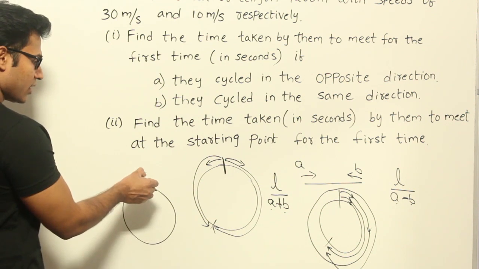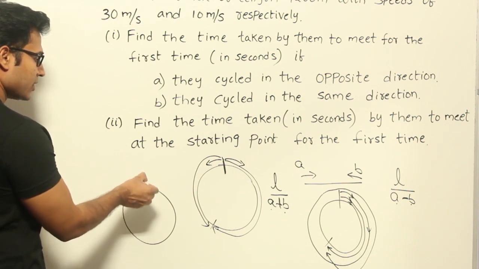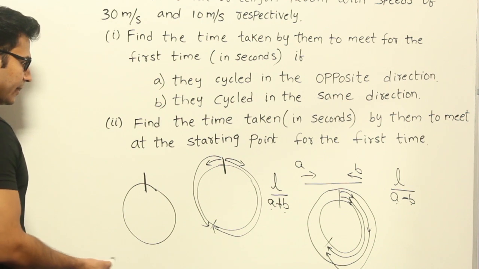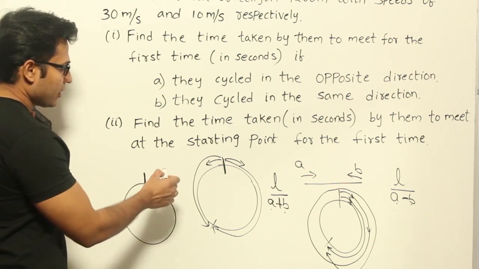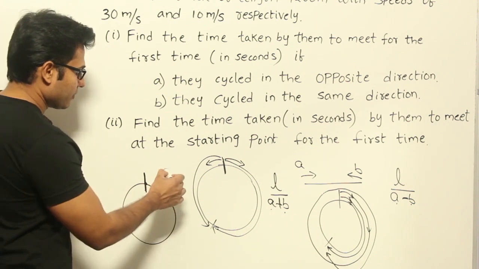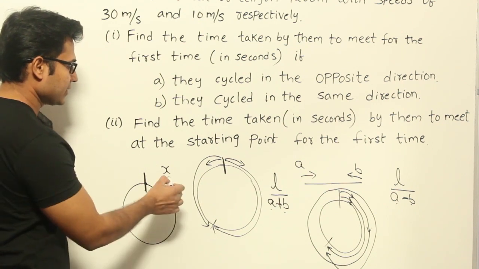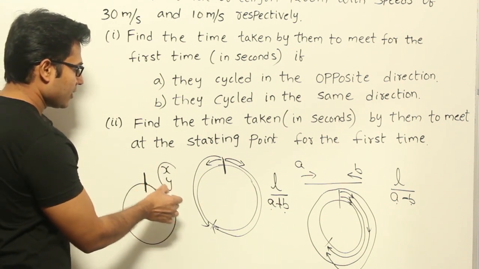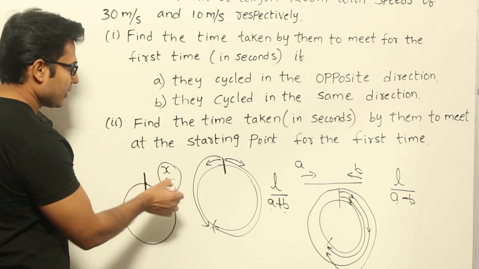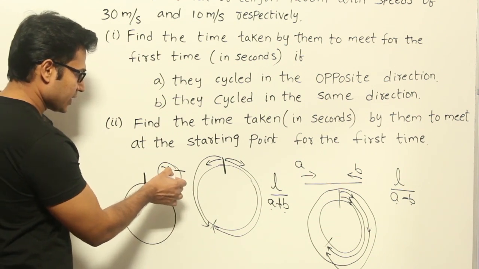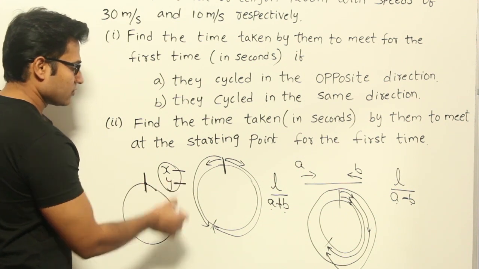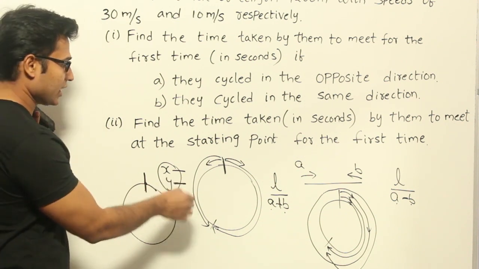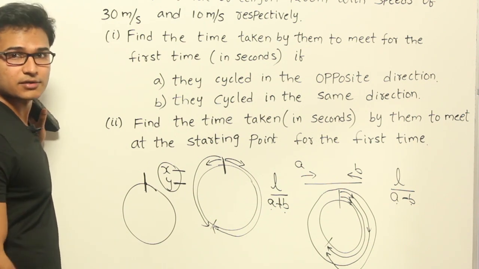If you are interested in finding out the time at which they are going to meet at the starting point, then it is whenever one person has taken X rounds and the other person has taken Y rounds, given that the time taken by one person to finish X rounds is equal to the time taken by the other person to finish Y rounds. Whenever this time is equal, you are going to get it, right?